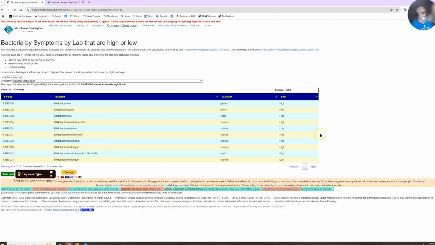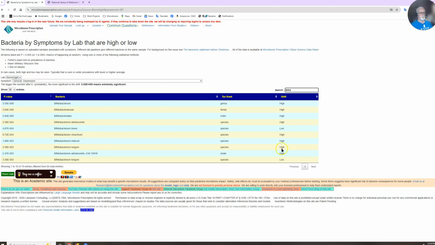Bifidobacterium is high, so, oh, what we have here is a warning up top. We have one case where it is high, another case where it is low, and that is an oddball case, but it does happen.